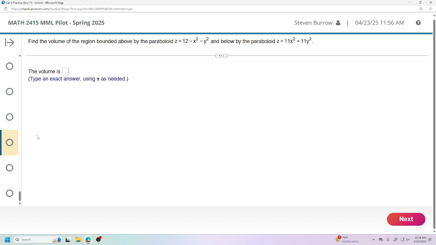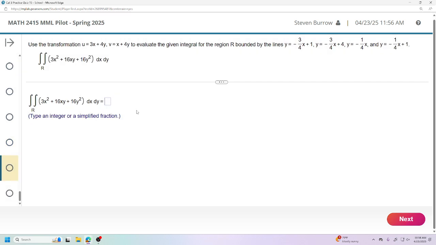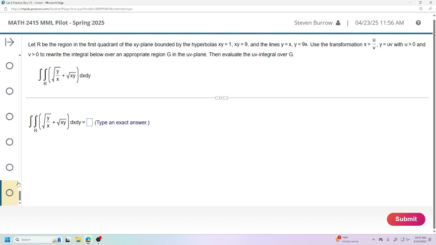Top and bottom again, you have some r values. This is a Jacobian, but this is on the quiz. This is not on the exam, for sure. I don't want to do it right now, because that took forever. They're great, I love them, but not a good test question.